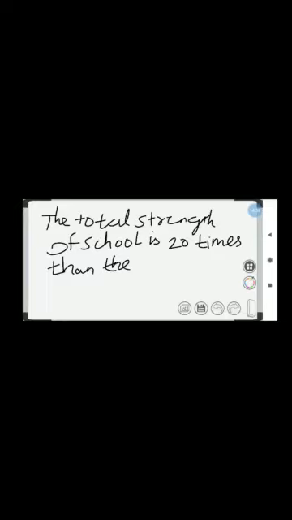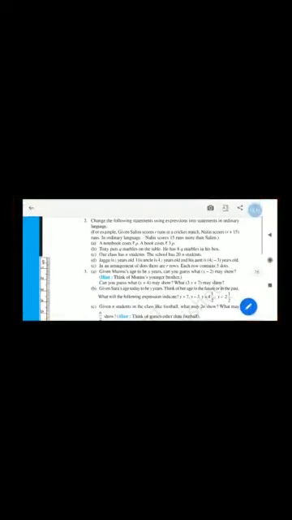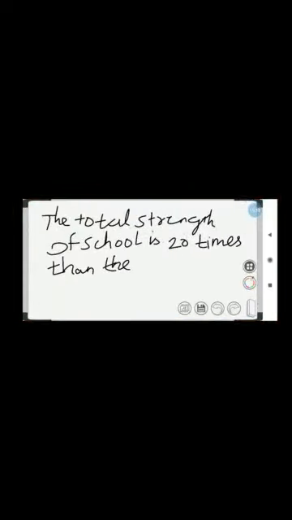The total strength of the school is 20 times the strength of the class. See, in the first one, students, they gave the keyword. Instead of strength you can write students.